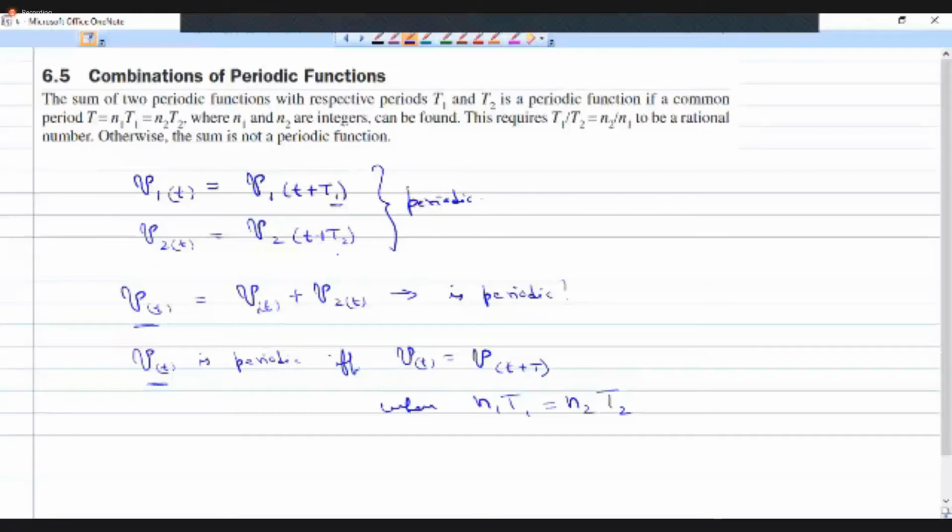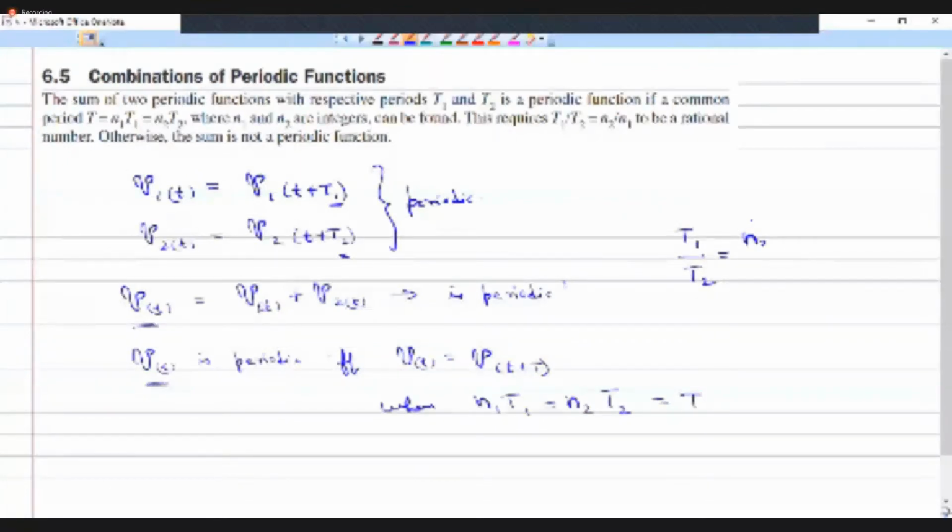We can write this as n1 T1 is equal to n2 T2, which is equal to T. So it means that the ratio of the time periods of the two functions, T1 by T2, could be written as the ratio of two integers, that is n2 by n1.